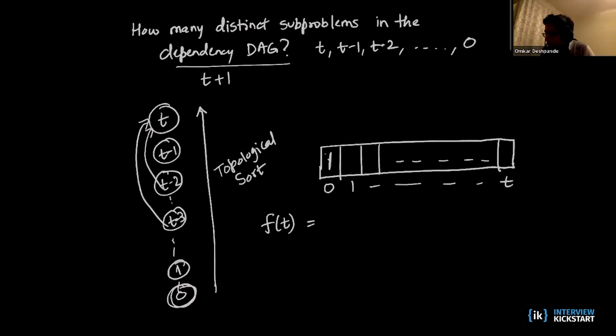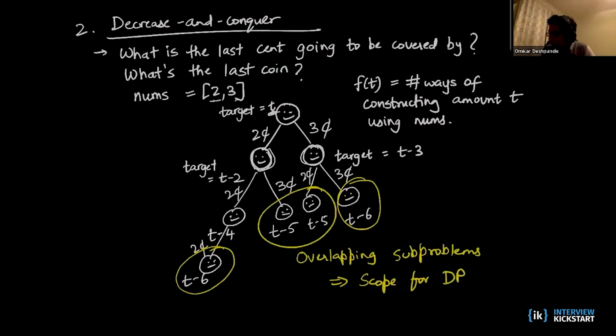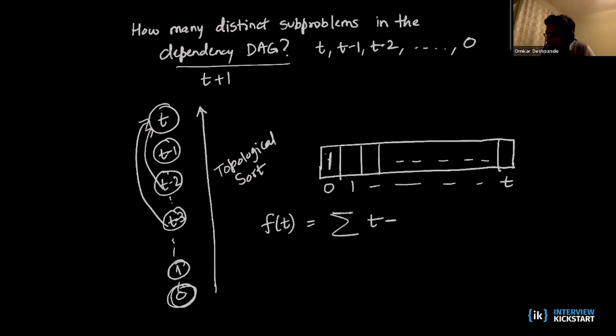So effectively, we are adding together a bunch of solutions to subproblems, where each subproblem has a target value given by t minus whatever the coin denomination is, right? So since we are talking about the nums array, nums of i would be the ith coin denomination.